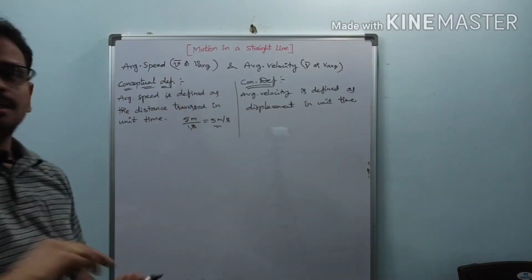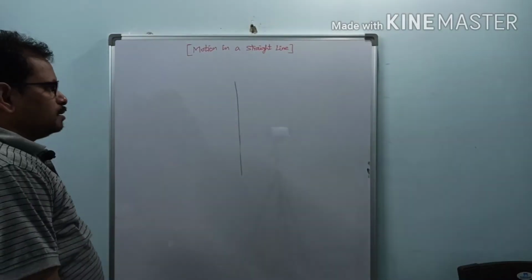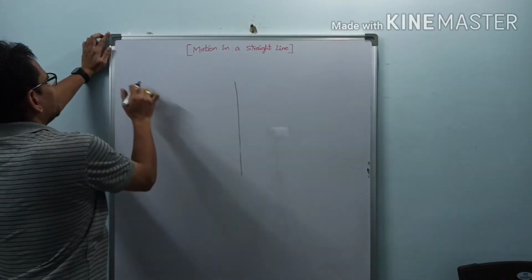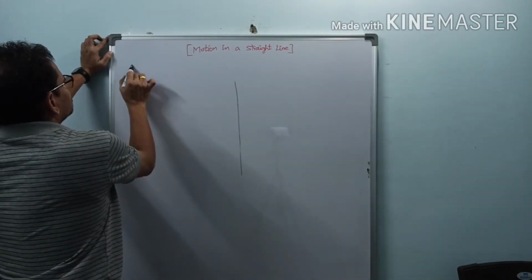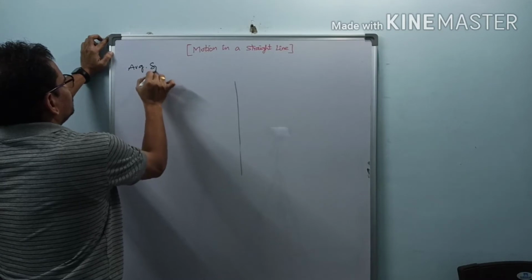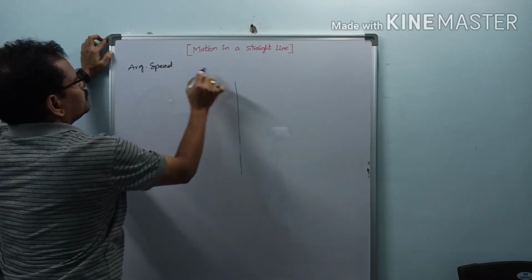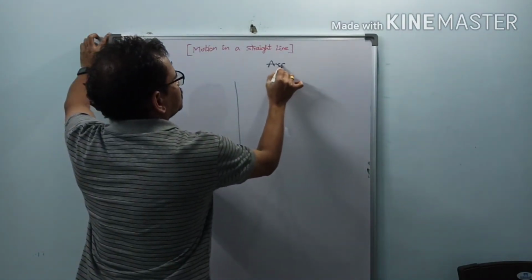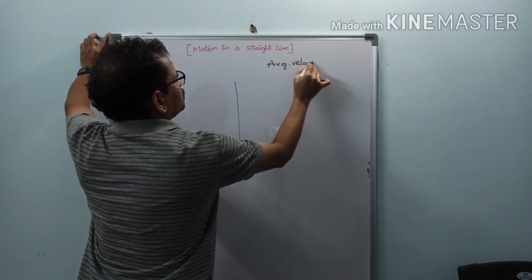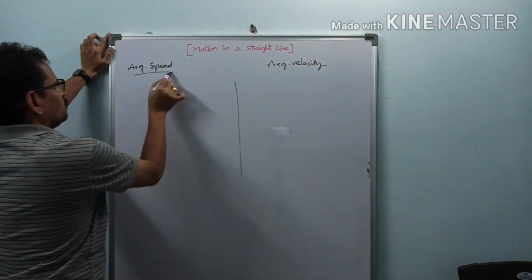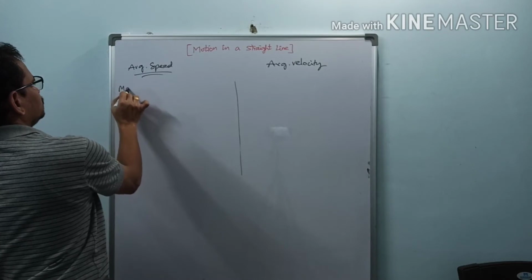This is known as velocity. So now, the mathematical definition. This is average speed and this is average velocity. What is the mathematical definition?